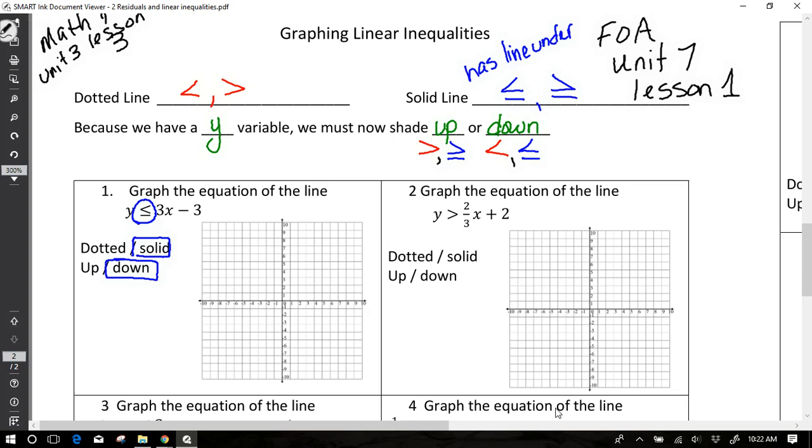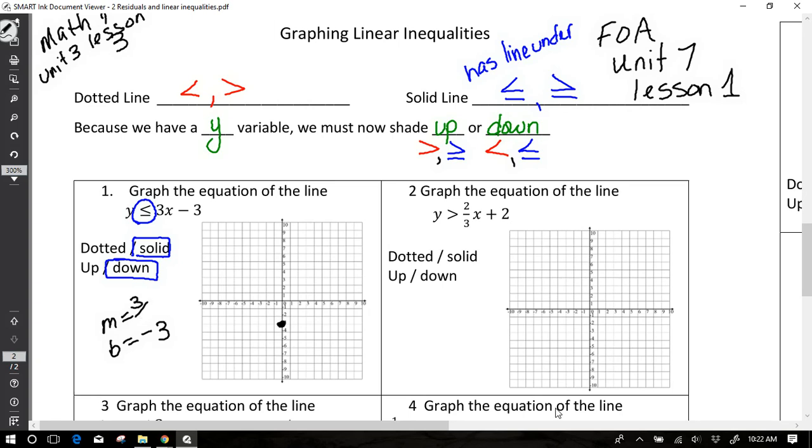Now, in order to graph this line, first I still need to know what is my m and what is my b. I'm still going to be graphing this the same way. It's just the last step that'll be a little different. So my y-intercept is -3. So let me go down on my y-axis to -3, and there's that y-intercept. My slope is 3.